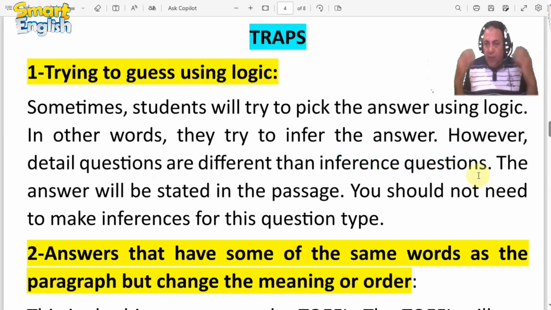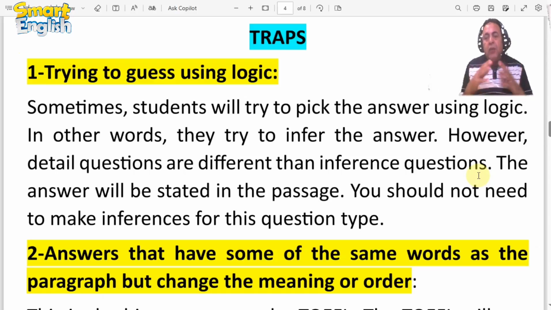As we mentioned before in a previous video on this channel, there is a big difference between the inference question and the detailed question. In the detailed question, the answer is already mentioned in the text, but you have to find it exactly. But on the contrary, in the inference question, the answer is not mentioned exactly by the vocabulary words in the text.